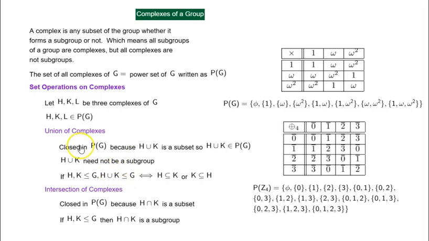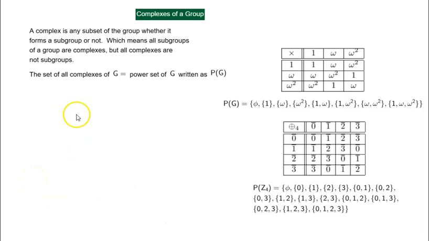Okay, so we have looked at union and intersection of complexes. Now let's look at group operation on complexes.